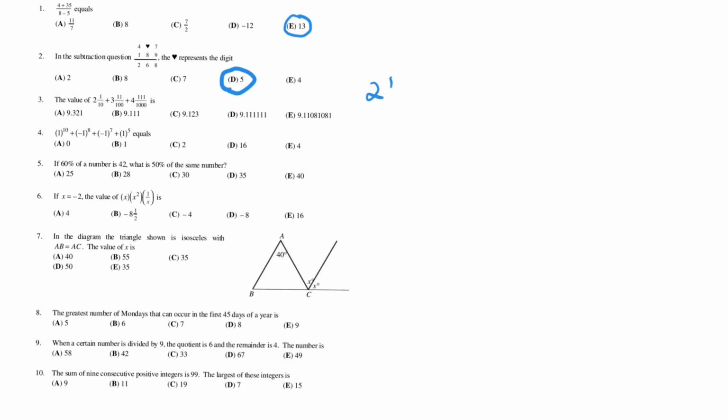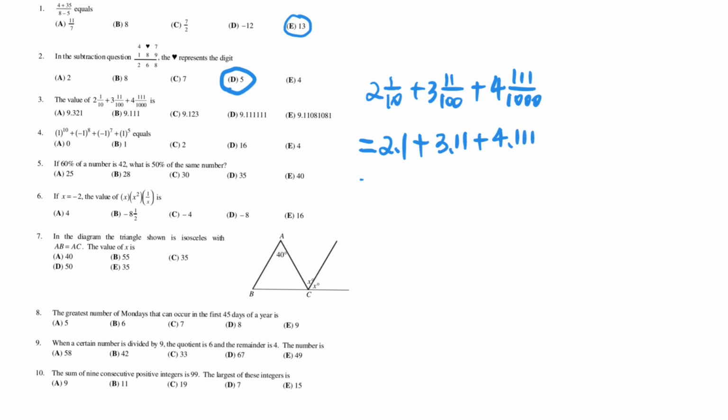So 2 and 1 over 10 plus 3 and 11 over 100 plus 4 and 111 over 1,000 equals, convert all into decimals. 2 tenths is 2.1, plus 3 and 11 over 100 is 3.11, plus 4.111.